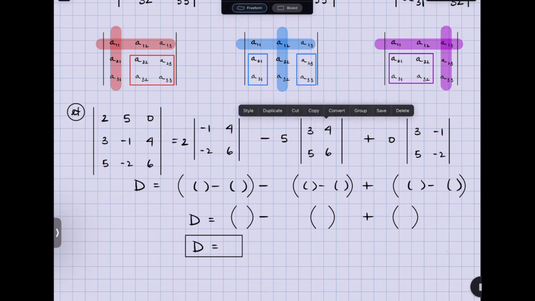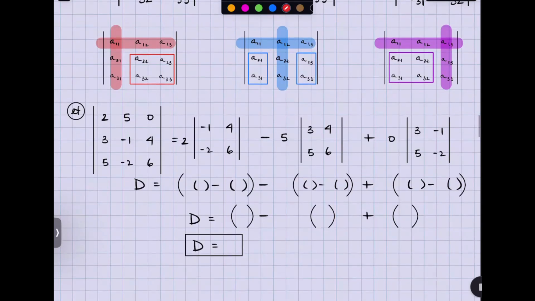How did we do with the determinant? I might have done something wrong then. Let's see if I did something wrong. So I know this.